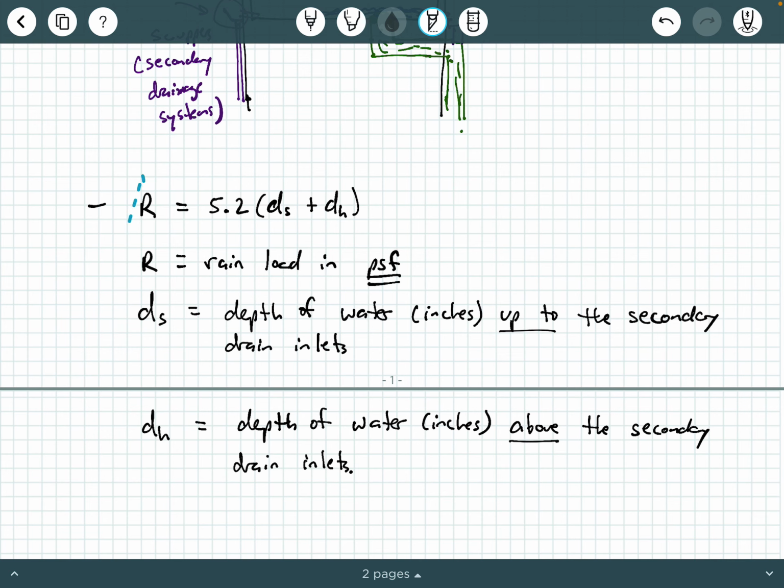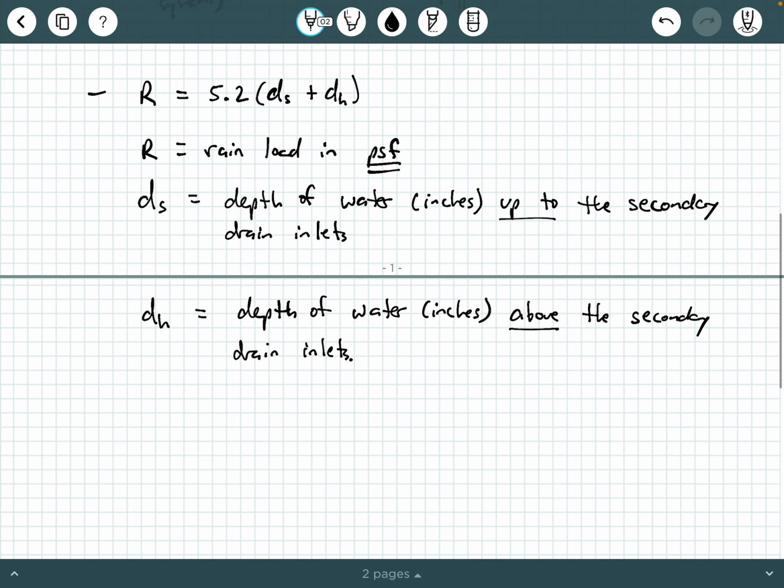And so you may be wondering, how does this give you a value in PSF? Well, this has a built-in conversion factor. Okay, so the 5.2 comes from 62.4 pounds per cubic foot divided by 12.